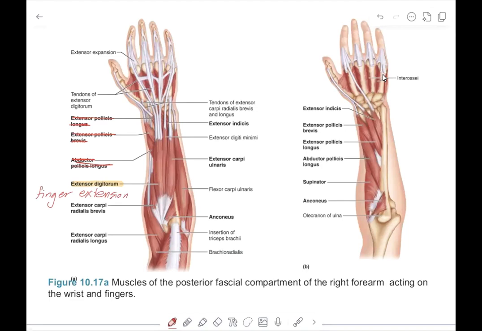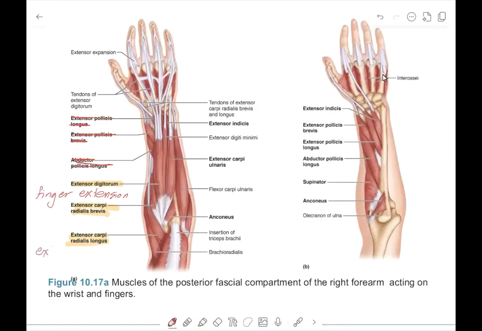The extensor carpi radialis brevis is also an extender, and it's going to extend the hand, and it has a similar function as the extensor carpi radialis longus.